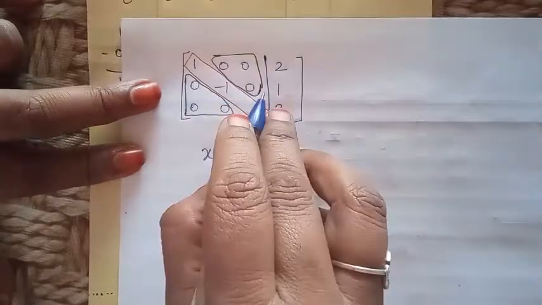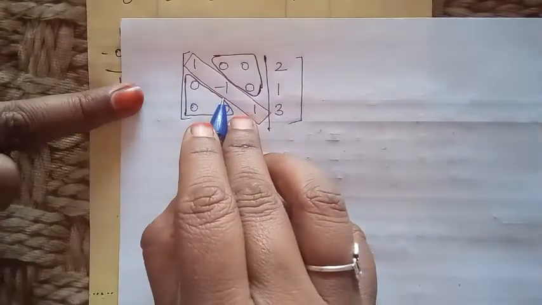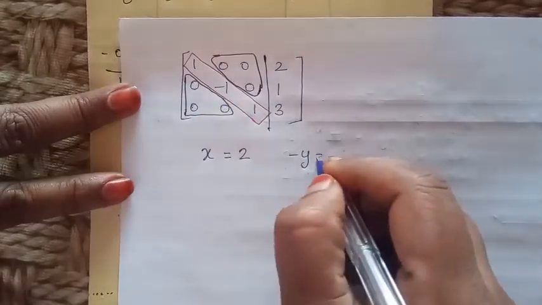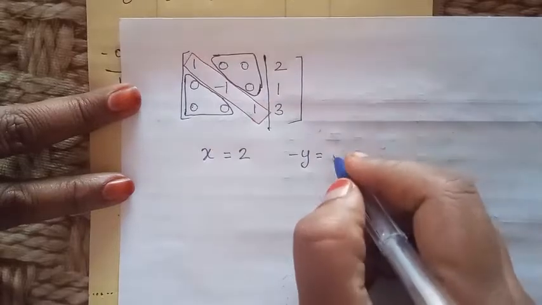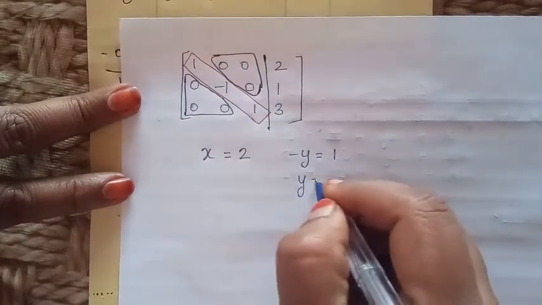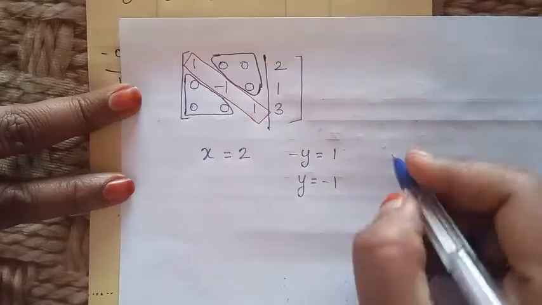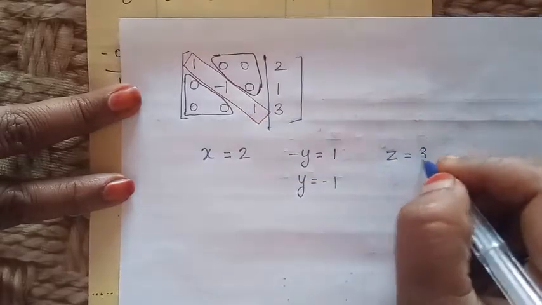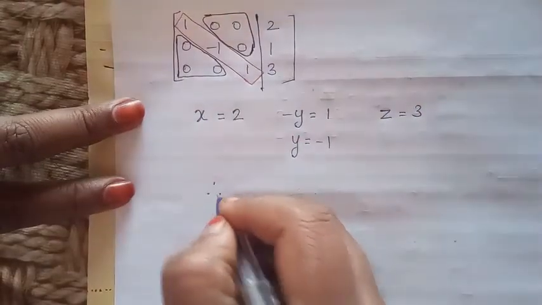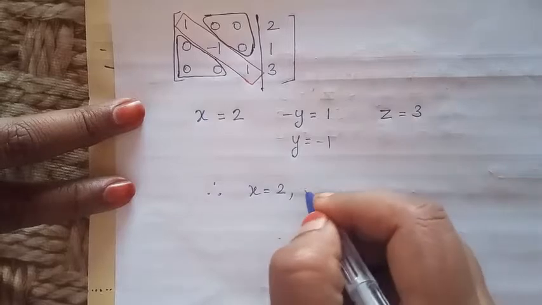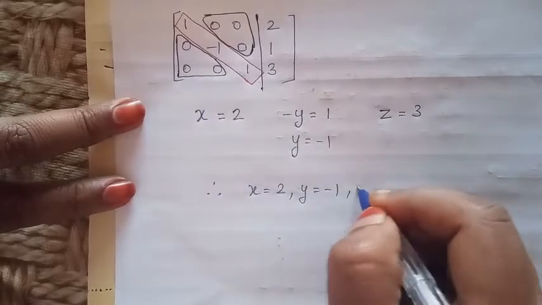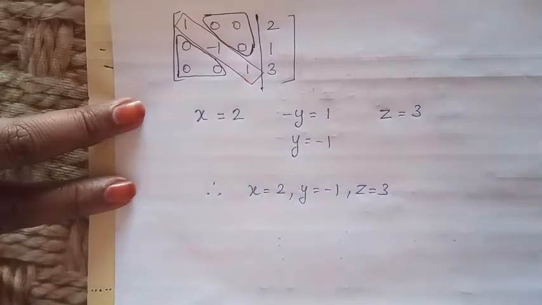And then in the second row, this is the coefficient of y, which is minus y equal to 1, which shows that y equal to minus 1. In the third row, this is the coefficient of z equal to 3. Therefore, x equal to 2, y equal to minus 1 and z equal to 3.